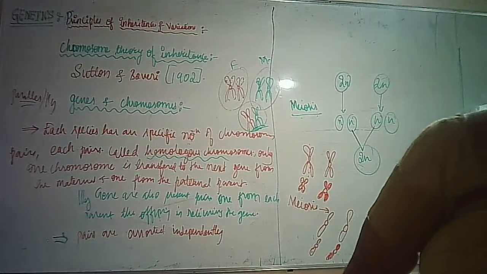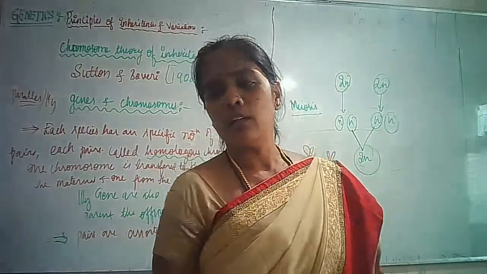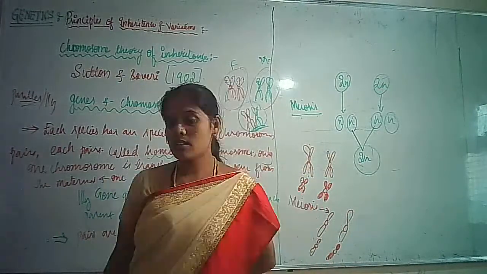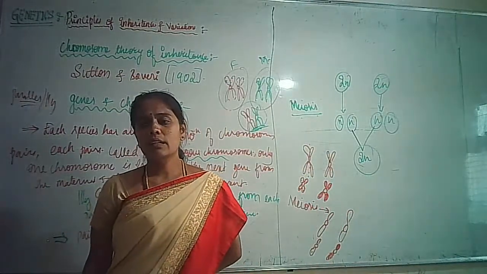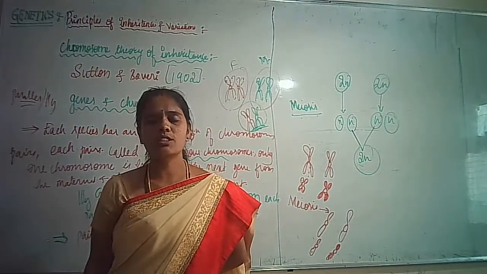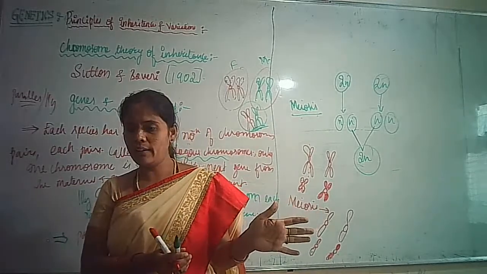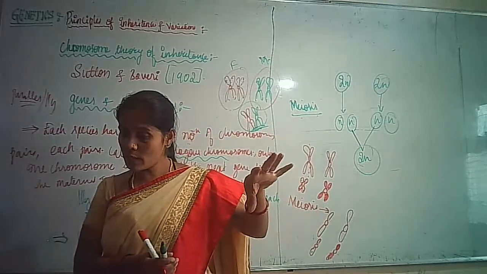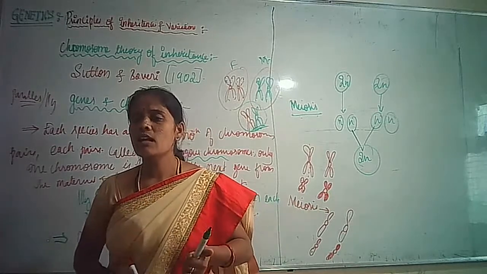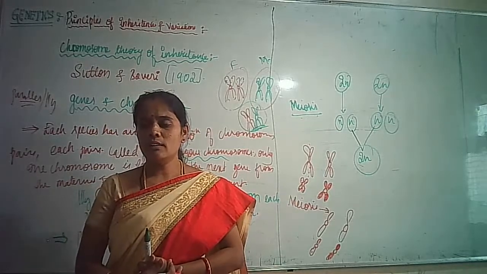It was further continued by T.H. Morgan, with chromosomal theory, linkage and recombination. Mendel had already explained these things, but somewhere he was unable to express them because of technical issues, as microscopic equipment was not good at that time.